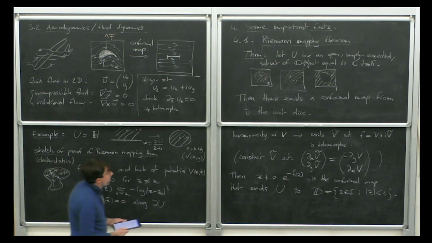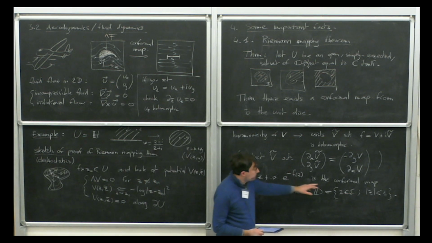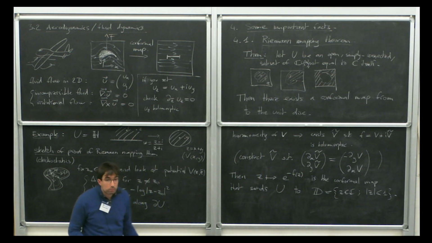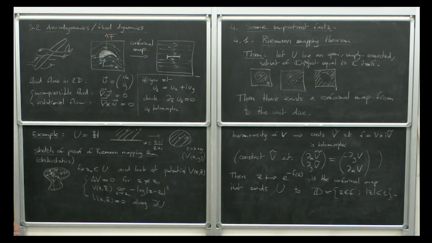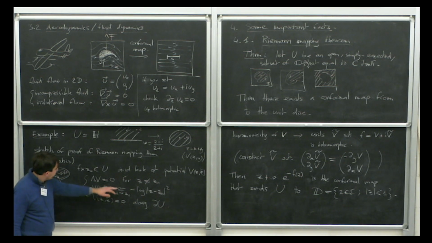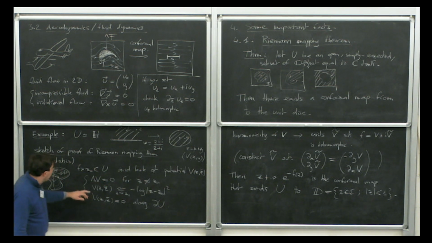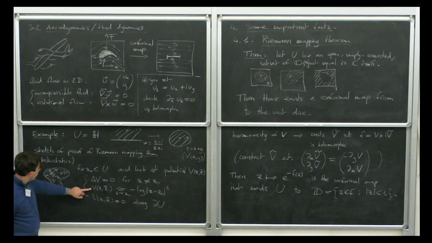Is it clear why this is the case? Well, we have to look at these properties here. We've already used this one: we've used the fact that it's harmonic to construct a holomorphic function. Then let's look at the other two properties.